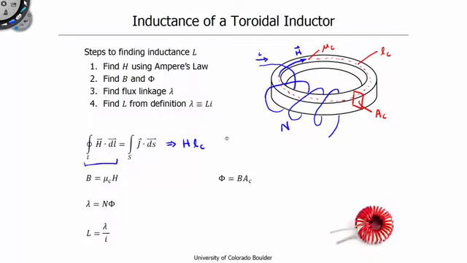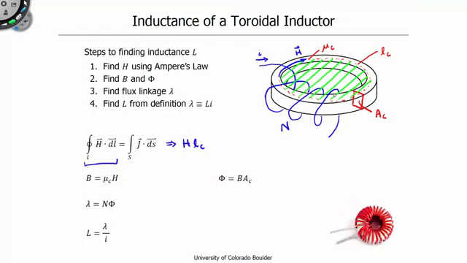From the right hand side of Ampere's law, which states that this left hand side must equal the integral of the current density through the surface that's bounded by this loop, and the surface in this case would simply be this shaded area which is being bounded by this loop of length LC.